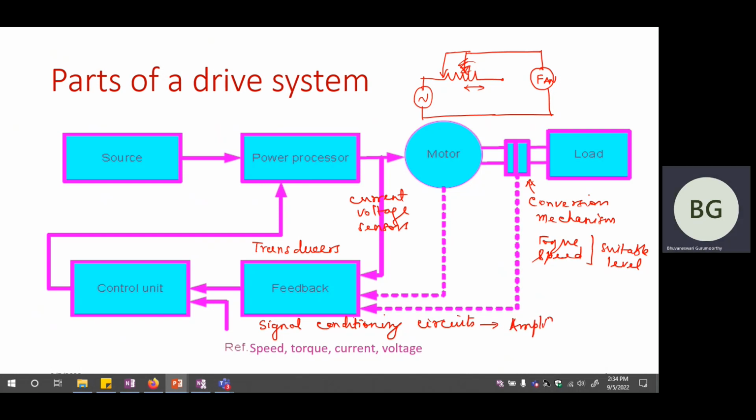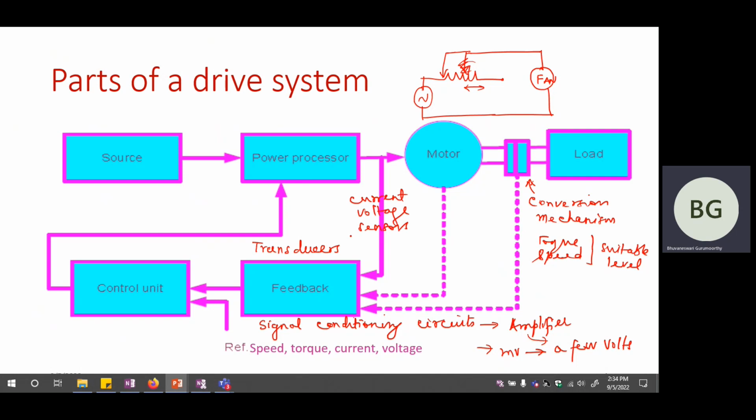So if I'm getting only milliamperes of current, but I want the current to be of the order of amperes, then I can use an amplifier. Similarly, if I am getting only millivolts of signal and I want this to be a few volts, then an amplifier could do this. So an amplifier could be one of the signal conditioning circuits.